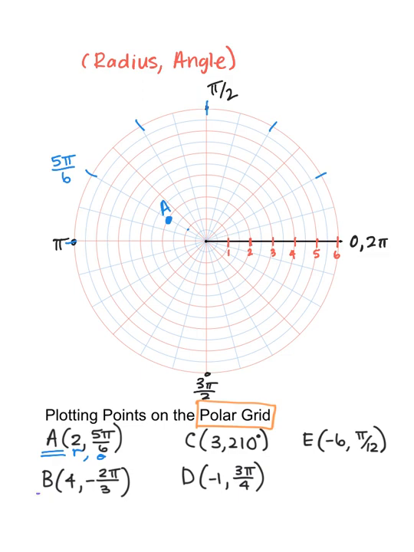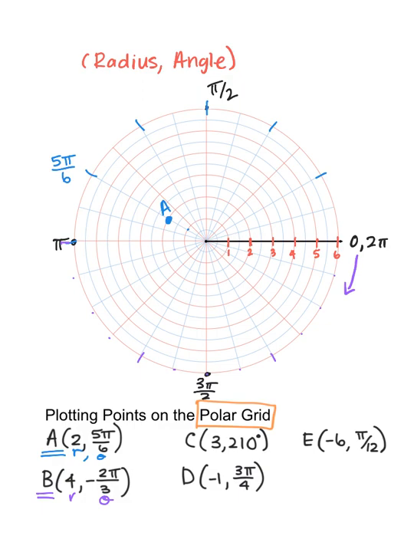All right, for point B, which I'll do in purple, my radius is 4 and my angle is negative 2 pi over 3. If it's negative 2 pi over 3, I know I'm going in the clockwise direction, the opposite direction. If I divide this into 3 pieces, I'm going to go every 4th mark: 1, 2, 3, 4. 1, 2, 3, 4. 1, 2, 3, 4.